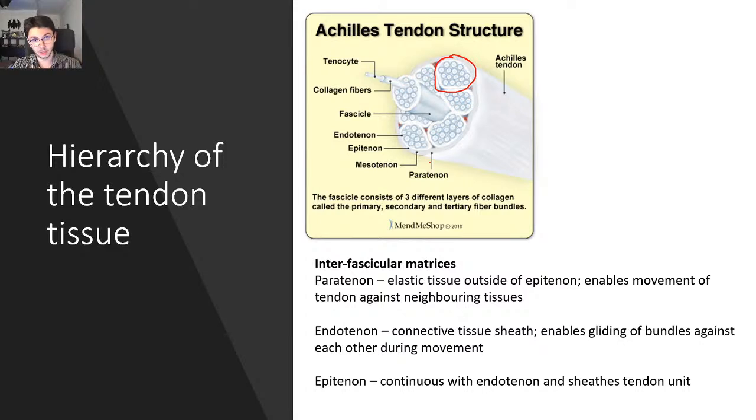If there was friction, this would make it much more difficult to pull muscles when you contract, to pull the bones, but it also would make it much more difficult to resist tension. So what these connective tissues do, they enable the gliding of these bundles. Then we have the epitenon, which is continuous with the endotenon, and it sheaths the whole tendon unit. So whereas the endotenon could just be on one thing, the epitenon sheaths the whole unit.